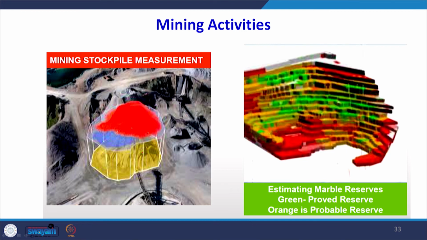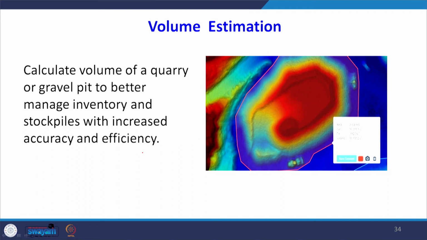This is the mining stockpile measurement, which has also been carried out with the help of the DEM data. You can create a 3D model of the stockpile, and once you create the 3D model, computation of the volume is very easy. So, one can now correlate that estimate with the ground. This kind of work is very popular in the mining activity.